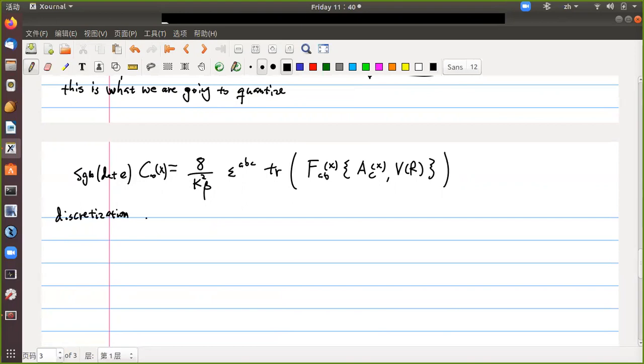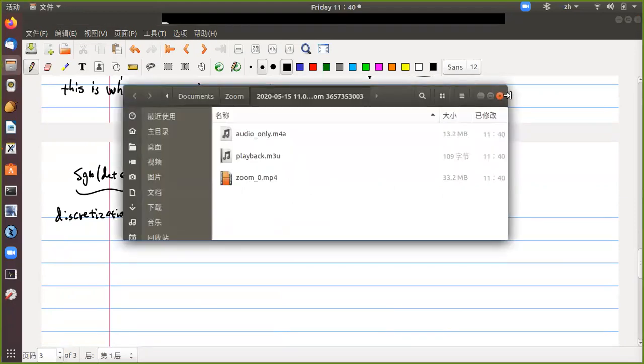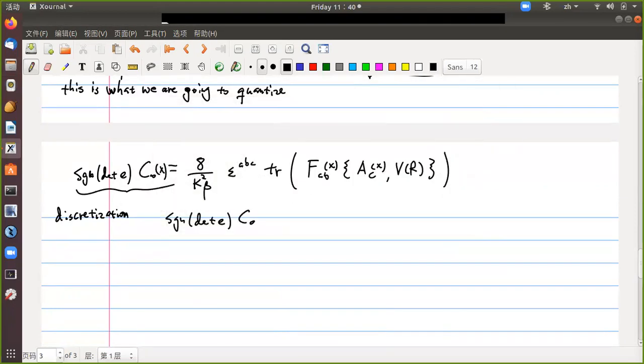The goal of the discretization is that we are going to write this formula, the sign C(0)(x), in terms of something we call C(0)(v).